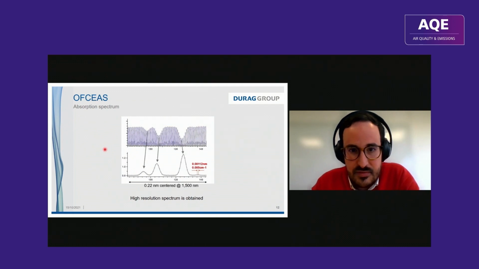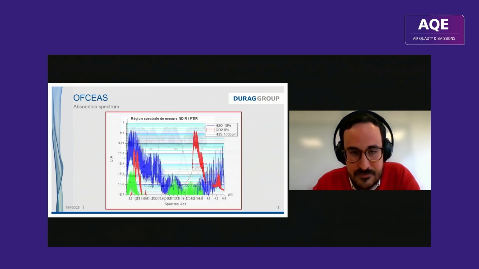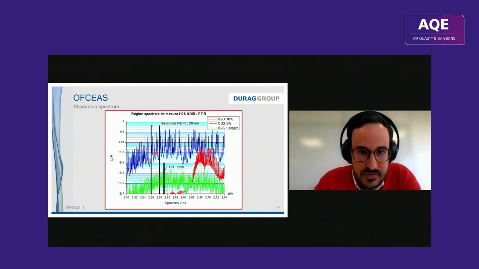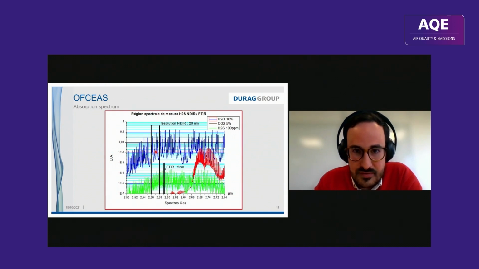Just to give you an idea of what we mean by resolution, imagine we are in the infrared and want to measure, for example, H2S in a gas with water and CO2. The NDIR resolution is 20 nanometers. If you want to measure this H2S, in green, at the same place you have some water. So most NDIR will use a cooler to remove this water to avoid cross interference.